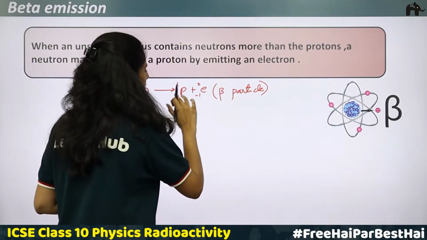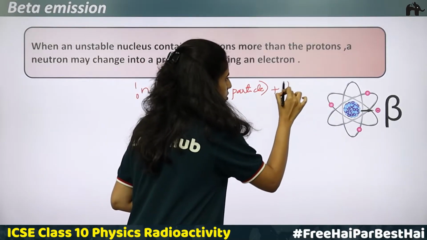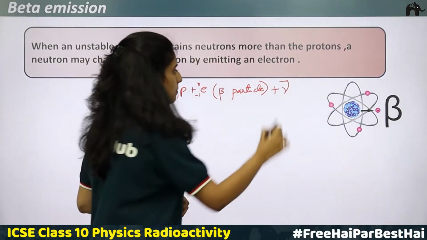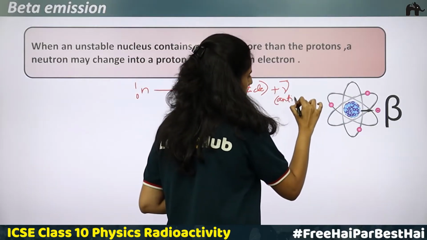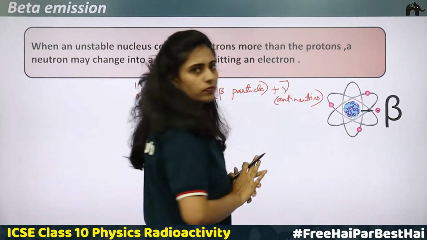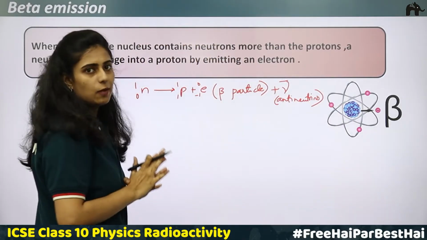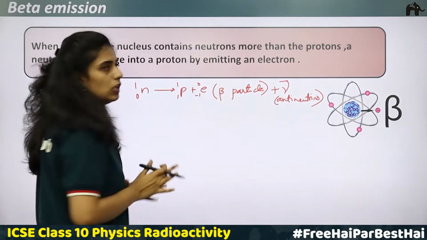With this, for the conservation laws to be followed, another particle will also be emitted, which is represented by nu bar, and this is called an antineutrino. It has no charge and the rest mass is 0. This particle will also be emitted for the conservation laws to be satisfied.